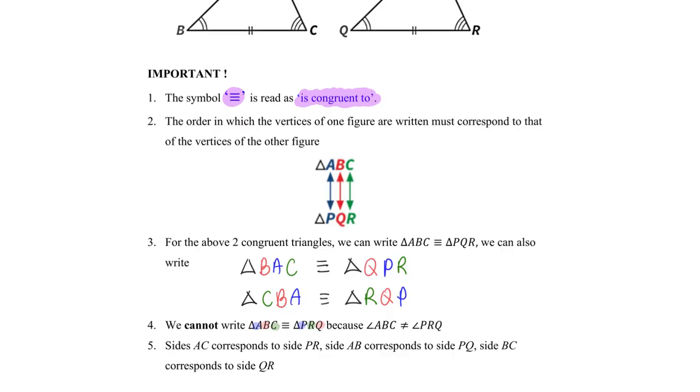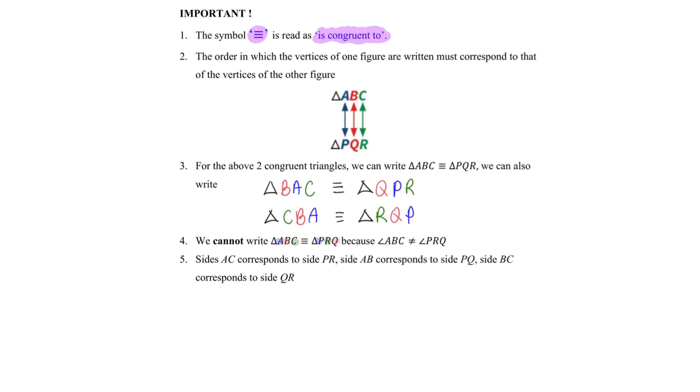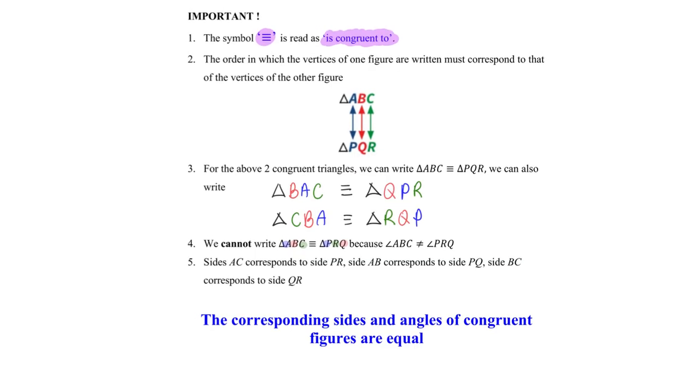That the order of the vertices must match. Okay, and the sides AC corresponds to PR, side AB corresponds to PQ, and side BC corresponds to QR. Okay, and so the corresponding sides and angles of congruent figures are equal. All right.